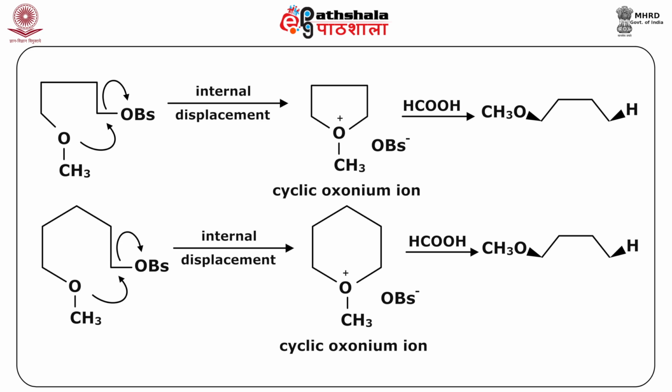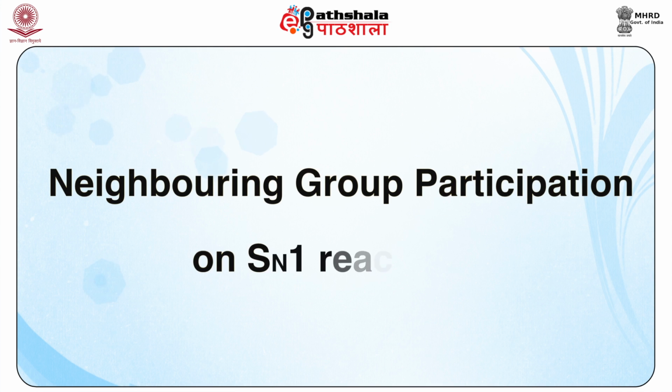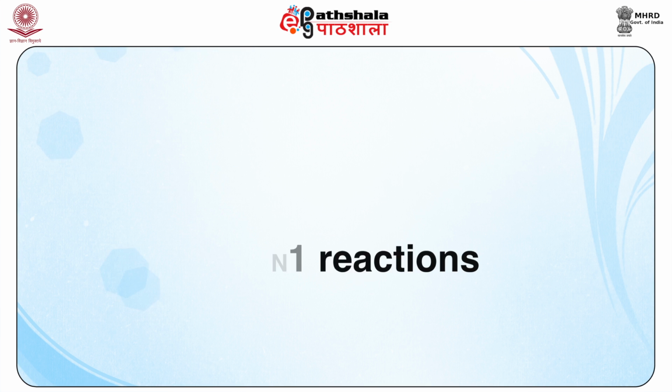As the chain length increases, the likelihood of cyclic oxonium ion formation diminishes and the rates approach that of the reference case where only SN2 attack by formic acid is possible. Now you can see what I am talking about more clearly in this figure. Now let us come to the study of NGP on SN1 reactions.